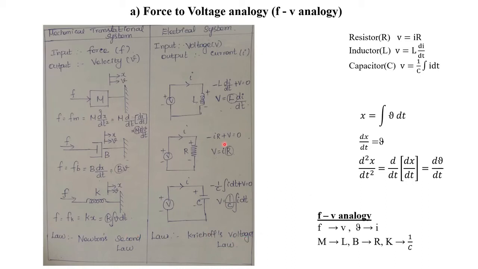Now from all these points we can write the formula for force to voltage analogy. Force is equated to voltage, velocity is equated to current, M is equated to inductor L, B is equated to resistor R, and K spring is equated to capacitor 1 by C. Here the element will be C, but quantity wise it will be 1 by C. So this formula you have to study, because while solving the problems we are using this formula.